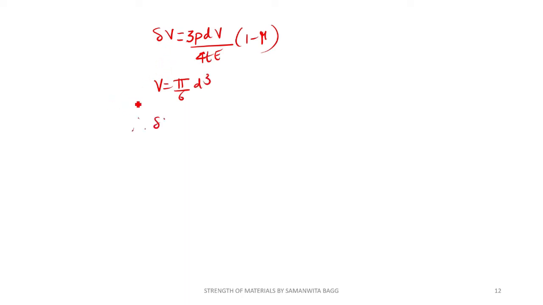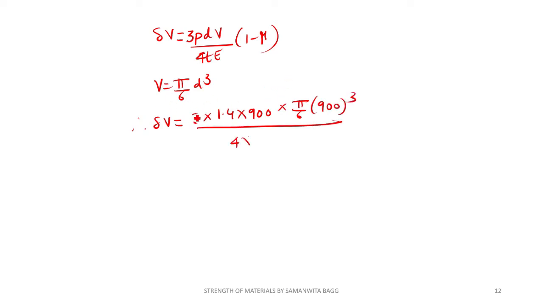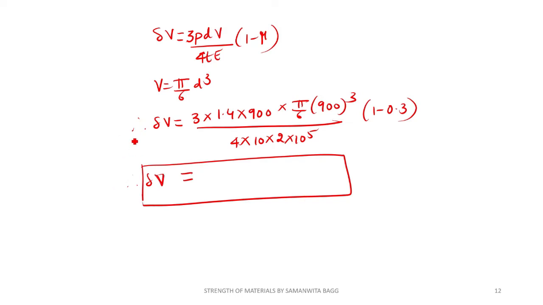So when I substitute, delta V is 3 into 1.4 into 900 into pi by 6 900 cube upon 4 into 2 into 10 raised to 5. This is 1 minus 0.3. So I get delta V as 126,248.43.